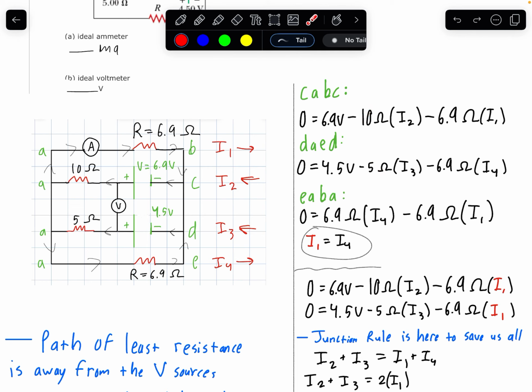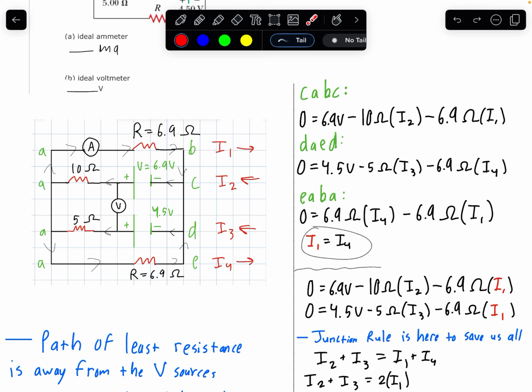And then we have another one, which is the outer perimeter. That's a really important one that can be very useful, especially here where we have that 6.9 and 6.9. Those resistors measure the same. If I start at E, A, B, E, then, look at that, I'm going against the current, so I get to add instead of subtract that voltage.